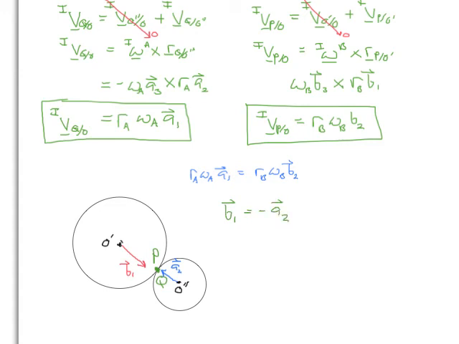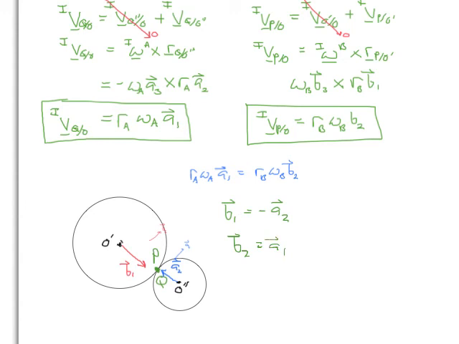In addition, we have our B2 vector and our A1 vector. These are pointed in the same direction, so B2 is in the same direction as A1.